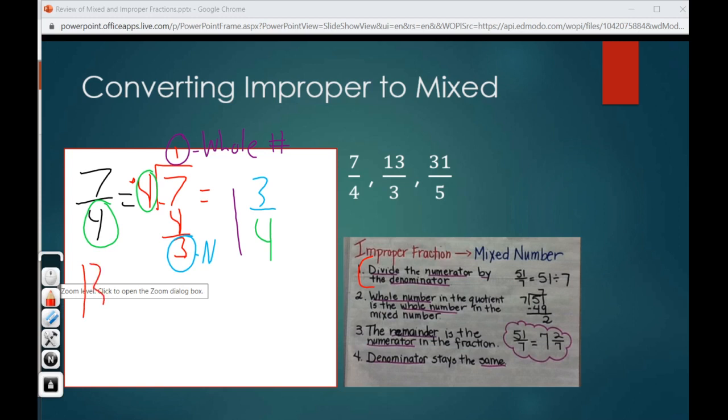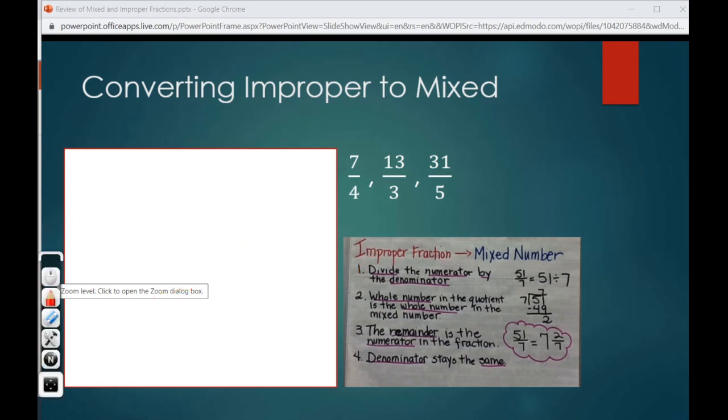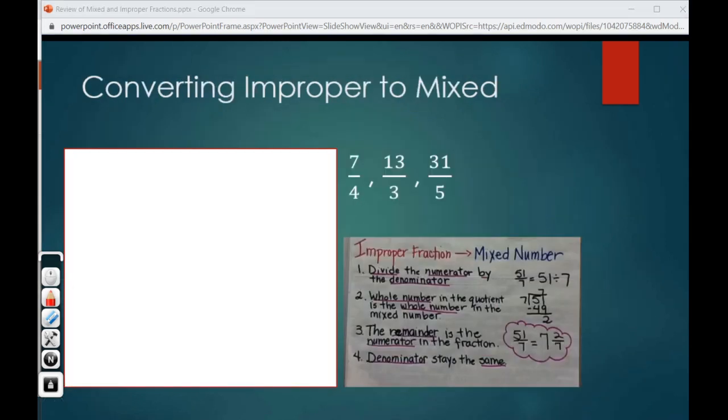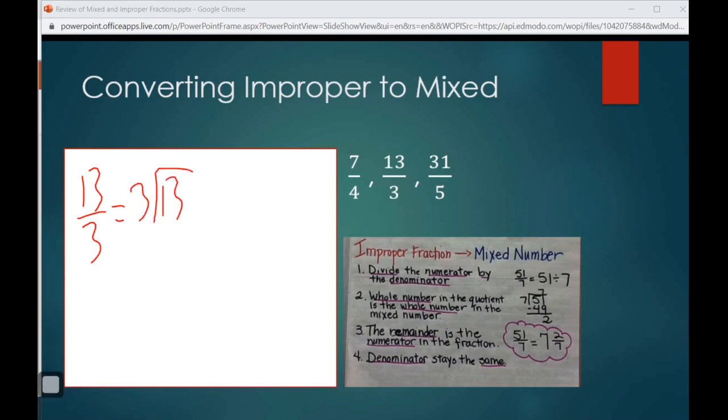So let's say we have 13 over 3. So you have 13 divided by 3. Let me see if I can get rid of this. Oh, that went wrong. Let's go back. 13 over 3. 13 divided by 3. 3 goes into 13 4 times. 3 times 4 is 12.